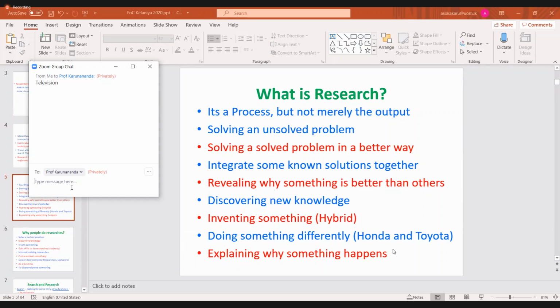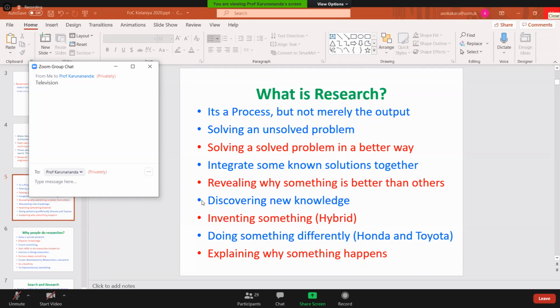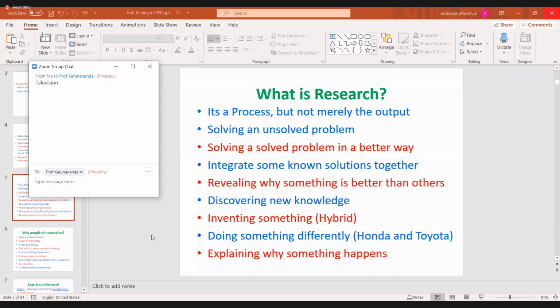For example, in the Honda hybrid, initially the battery and the engine both work together at the same time.